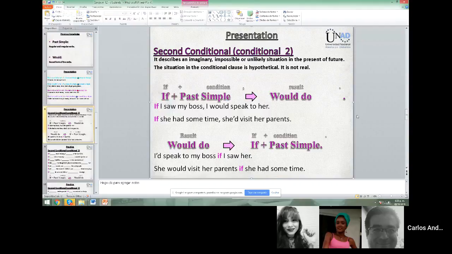For example, Hema, imagine that your boss is not in town, is on a business trip. So it is hypothetical because you are not going to see her. So you say, if I saw my boss, but that is unlikely. That is not going to happen. It's almost impossible because the boss is not around.